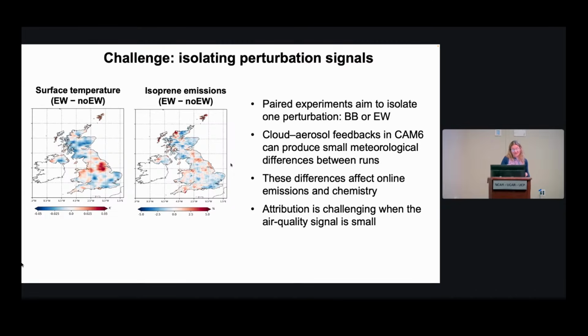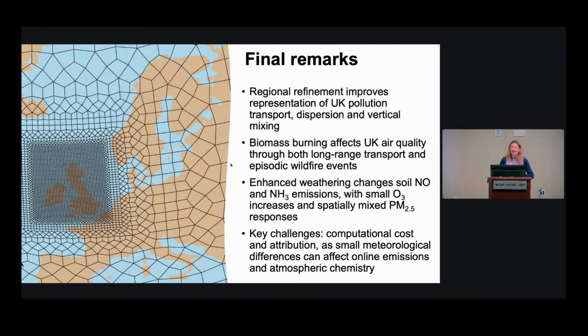What we have here are the changes in surface temperature from the weathering and no weathering runs, which are small, but they also loop into isoprene emissions. So when we are dealing with these small changes in surface air quality, or in any other perturbation experiment, these small changes might affect your results and make interpreting them challenging.